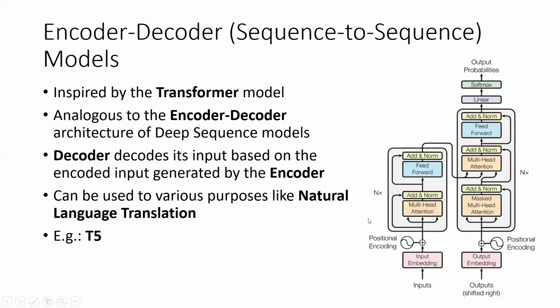So in this case, what happens is you encode the input and the meaning is generated and passed to the decoder, and it helps the decoder to generate the next token when the first few tokens are given as this output.